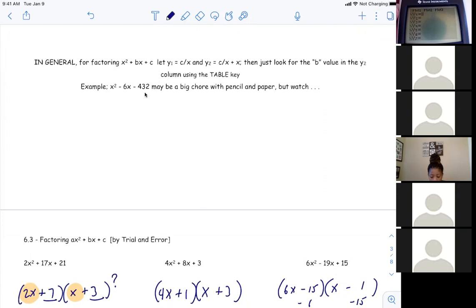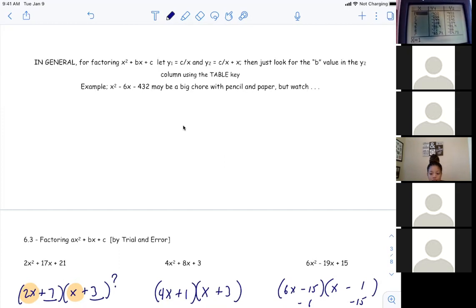So this would be aggravating doing it with pencil and paper. But with the calculator, I type in negative 432 divided by x, and then negative 432 divided by x plus x. Did I type all that correctly? Looks good. And then go to the table.